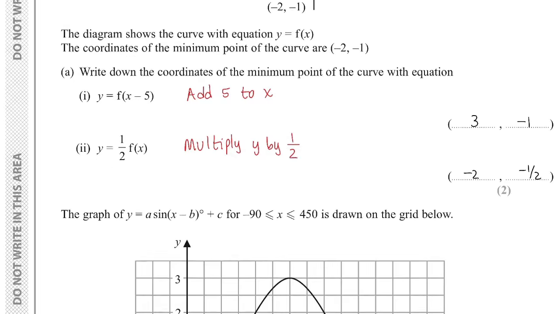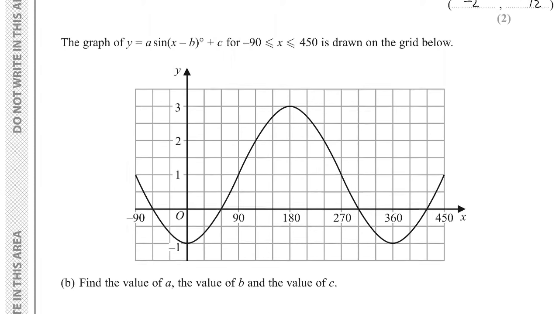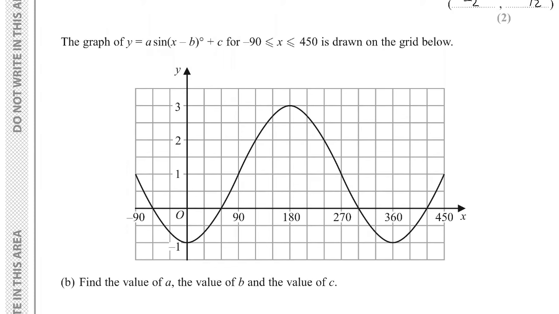And then the graph of y is a sin(x - b) + c between -90 and 450 has been drawn. We need to find the values of a, b, and c. Now I could start maybe by considering what kind of transformations we're looking at here. The a means we multiply the y's by a.